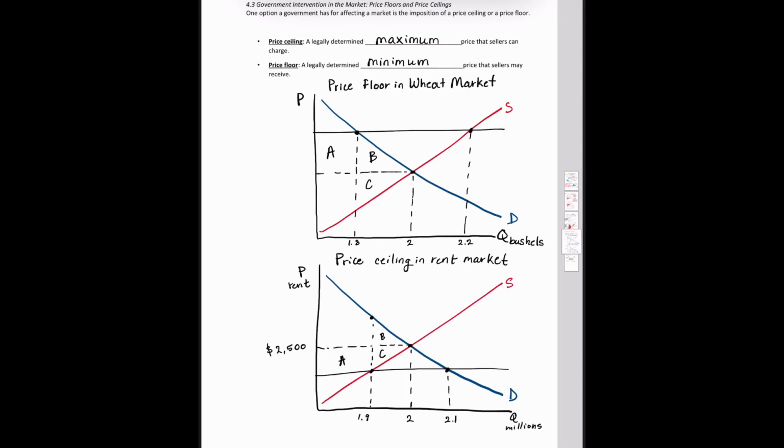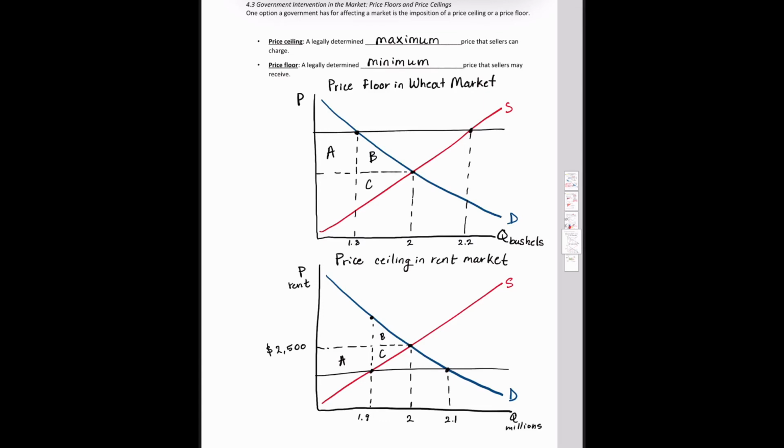A price ceiling is a legally determined maximum price a seller can charge, and a price floor is a legally determined minimum price sellers may receive. Price ceilings and floors in the US are uncommon, but they do include things like minimum wage, rent controls, and agriculture price controls. So let's look at a couple examples, the wheat market and the rent market.